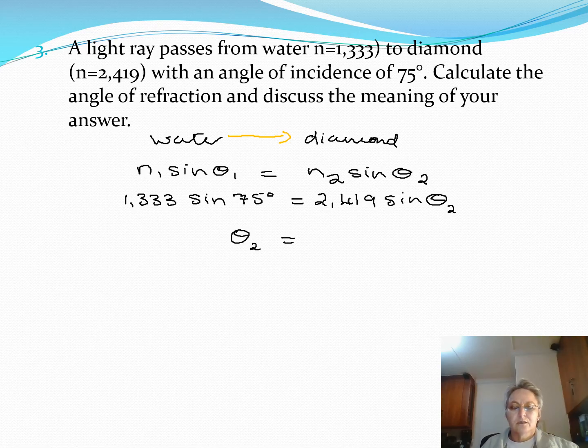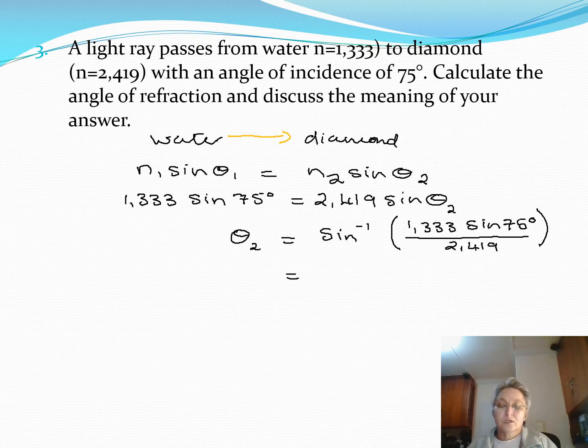To calculate theta 2, we need to use the inverse sine function, and 1.333 sine 75 degrees, divide that by 2.419, the refractive index of diamond. Don't do these calculations individual step by individual step and use rounded values, because that affects your final answer.